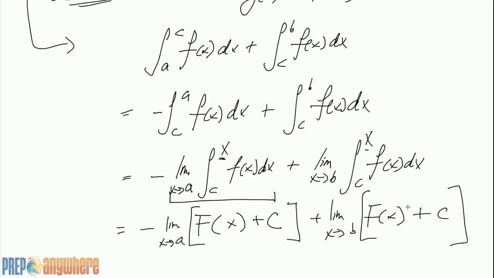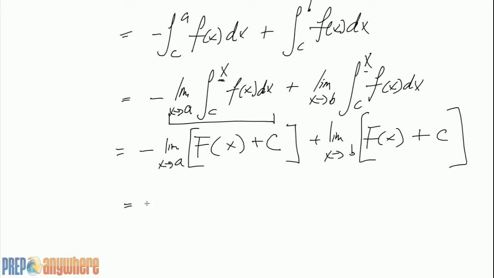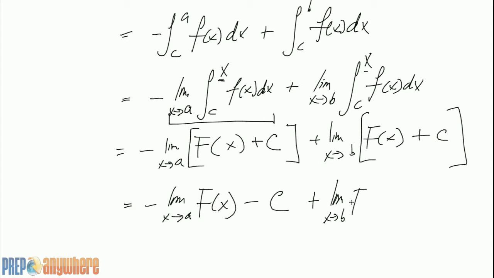Okay. So we get this, right? If you take the limit on the c here, it just becomes minus c. It doesn't do anything. Okay, and here it just becomes also positive c.